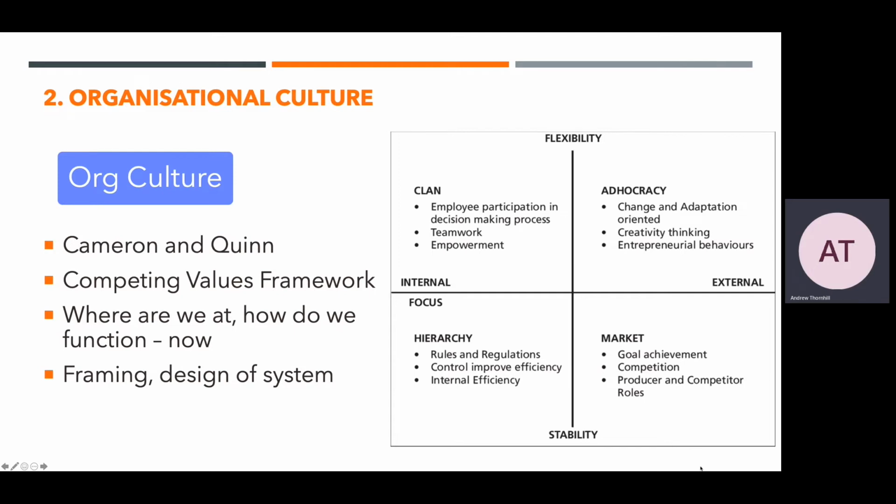You could even consider that in the design of your system. Two examples: a hierarchical organisation, where there are rules, regulations, and controls around efficiency, versus an adhocracy in the top right corner, which is an entrepreneurial kind of organisation where they value creative thinking, change, and adaptation.